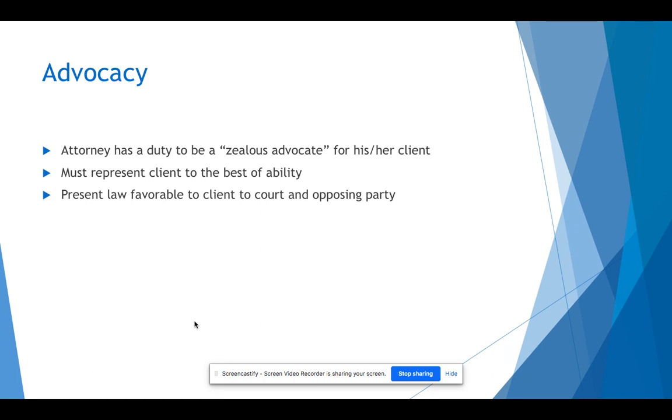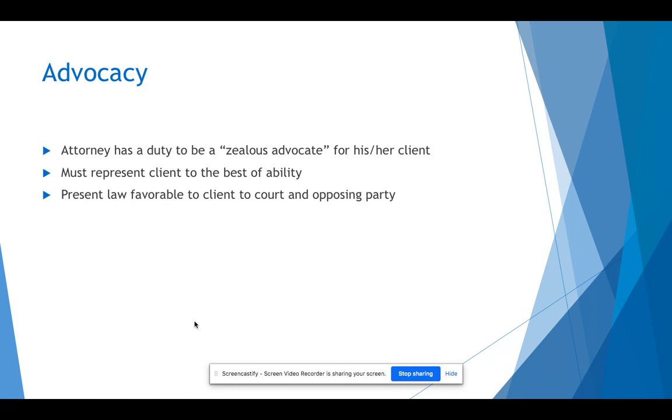It's part of their ethical duty. If they have taken on this client, they have a duty to be the best possible representation for that client. Just like a doctor takes an oath to do no harm and to help people, they can save murderers as well from death, things like that. So you have to represent your client to the best of your ability.